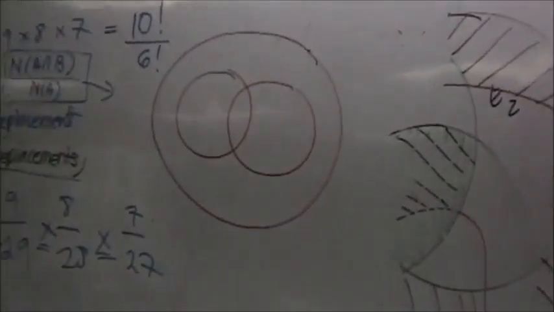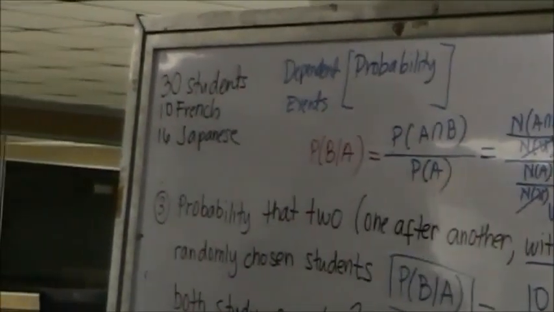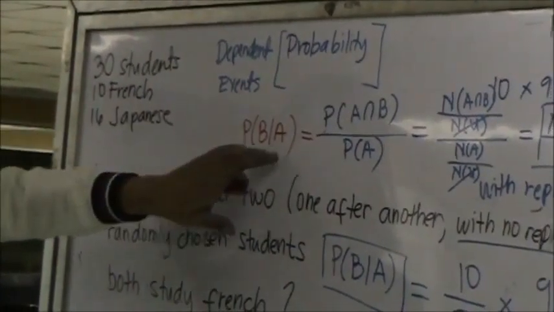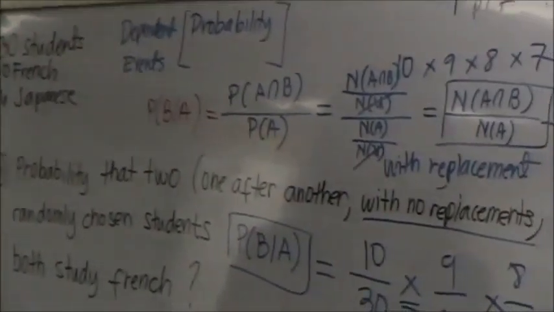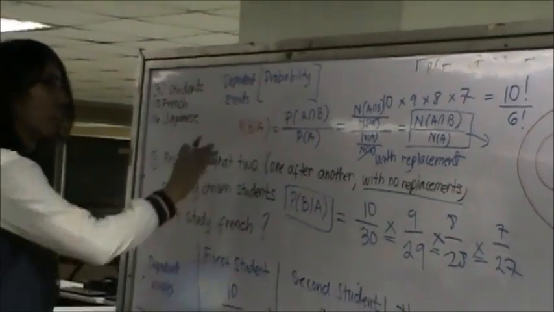So we said that the probability of B given A is equal to this.